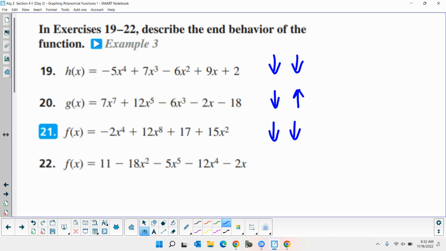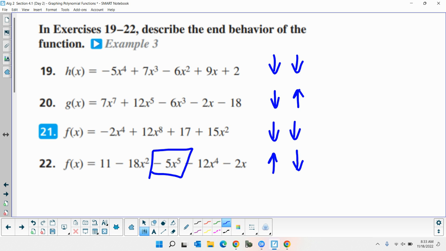This one's not in the right order. What should be first? The negative 5x to the 5th, right? That should be first. So negative leading coefficient, far right going down. Odd degree, so far left, opposite direction, going up. Yes? I don't think it matters, but 21 isn't that out of order too?